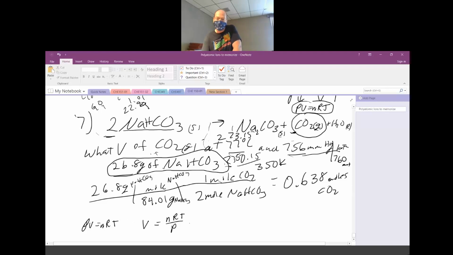Well, we just found the moles of the gas, CO2, that is 0.638 moles. R is 0.08206 liter atmosphere per mole Kelvin. And our temperature is 350 Kelvin.